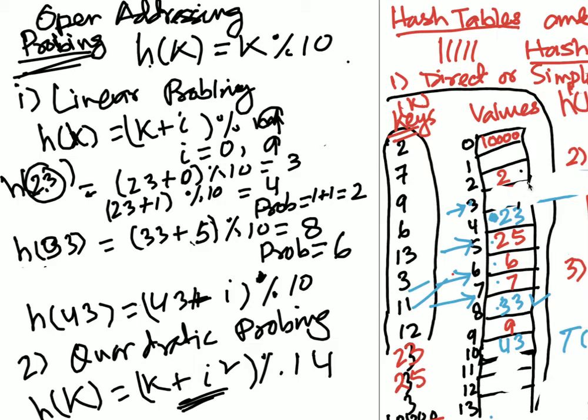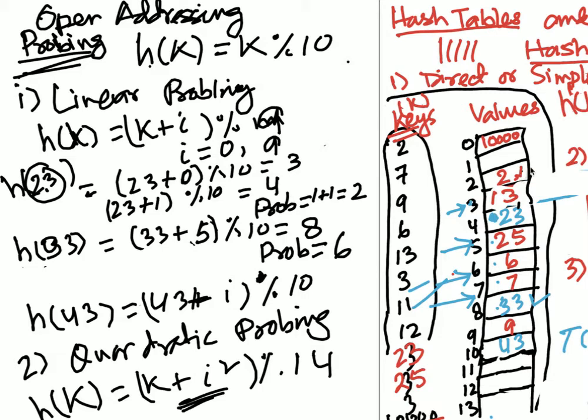So this is my table. 13 modulus 10 equal to 3, so 13 will be placed at position 3. Similarly, 12 modulus 10 equal to 2, so 12 also will come here.